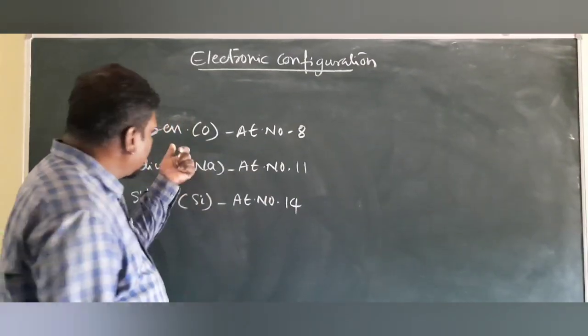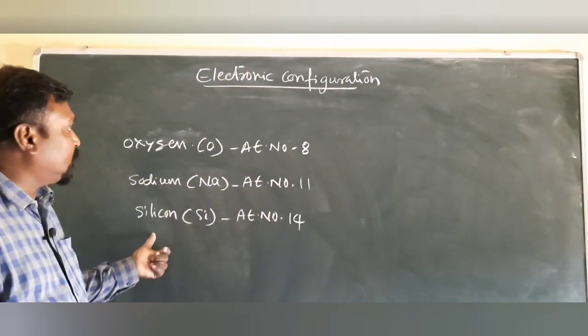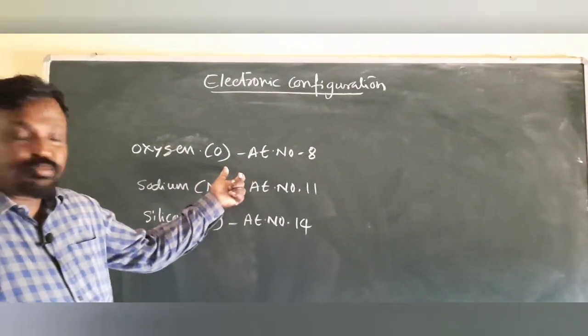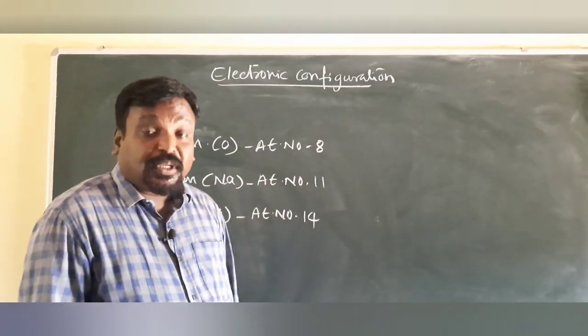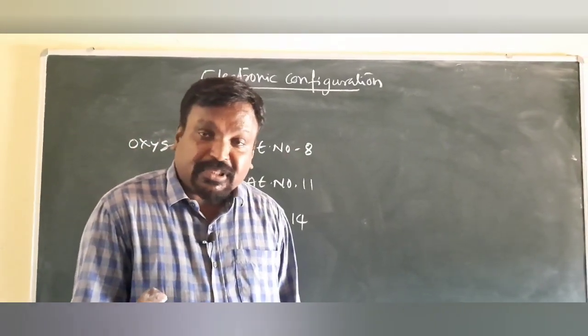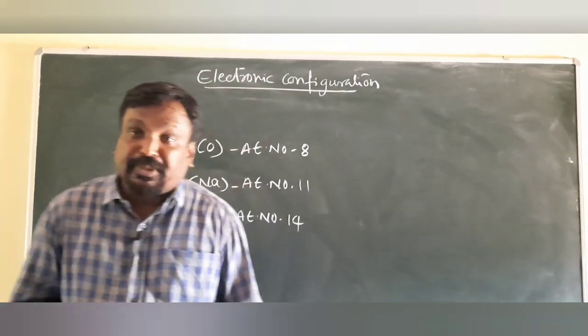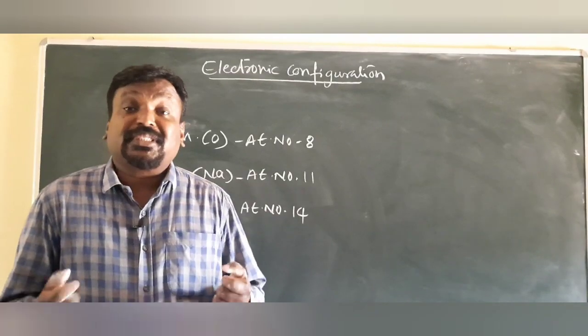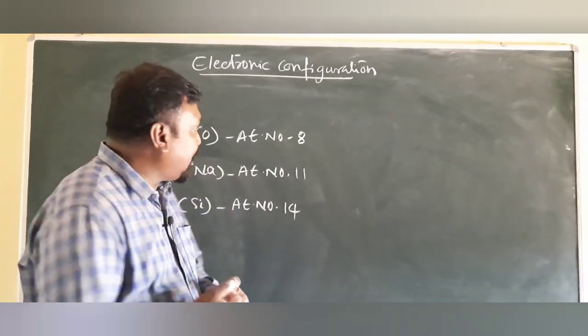So now let us take an example. See here, I have taken 3 elements: oxygen, sodium and silicon. Now oxygen. What is the atomic number of oxygen? It is 8. The atomic number 8 means there are 8 electrons. How these 8 electrons are filled in different shells and subshells, we shall know now.